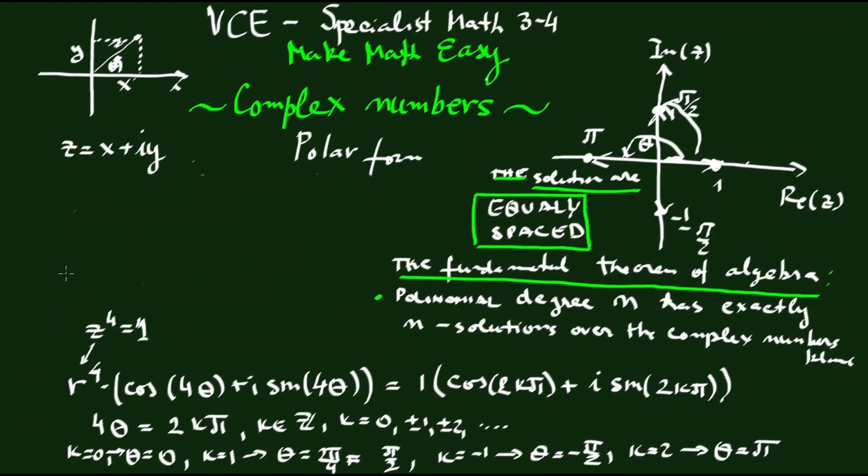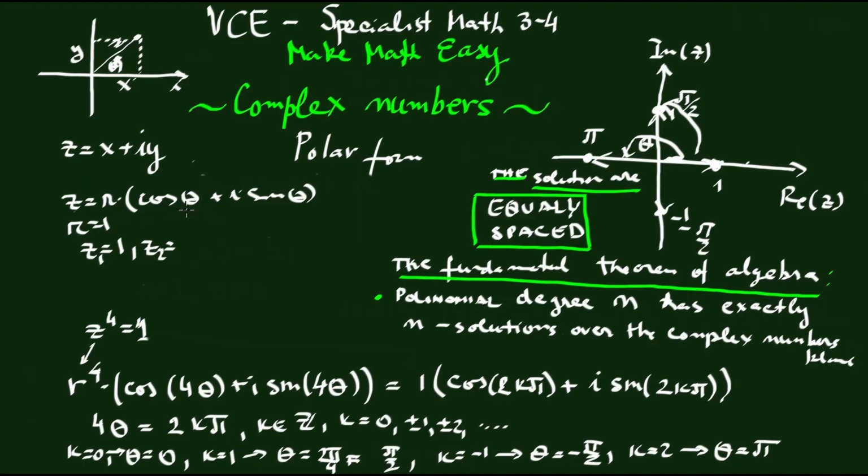So the first solution would be theta 0, so r is 1. That's our z1. Our z2 is when k is 1. So we have theta becomes pi half.